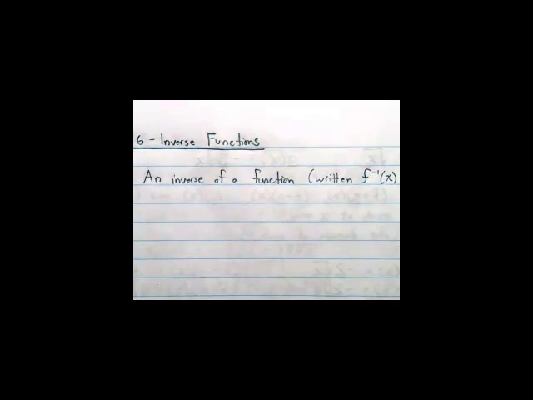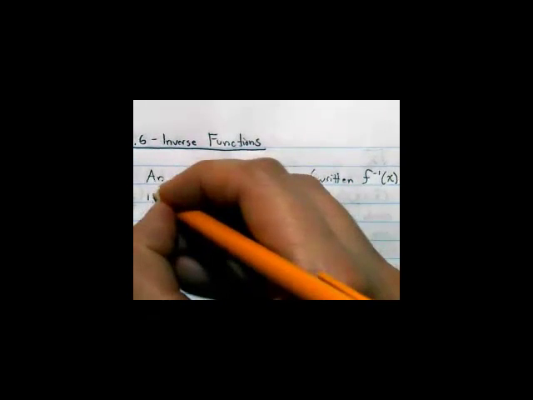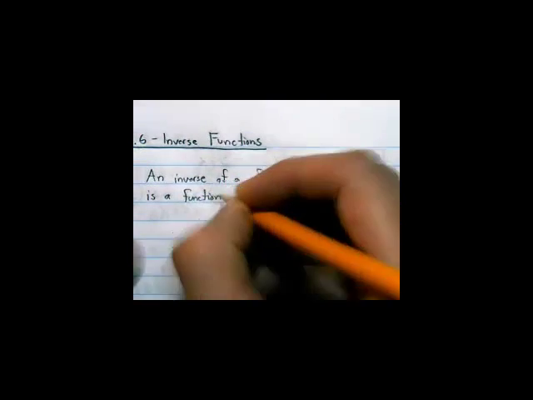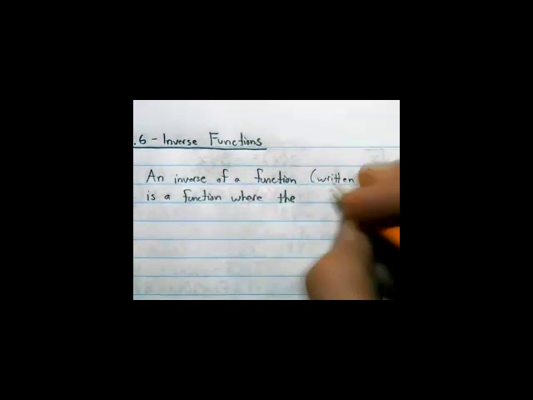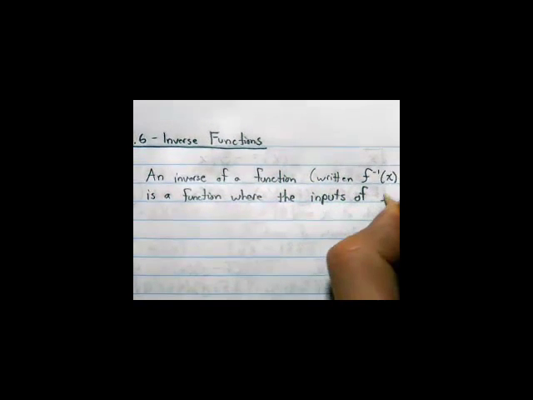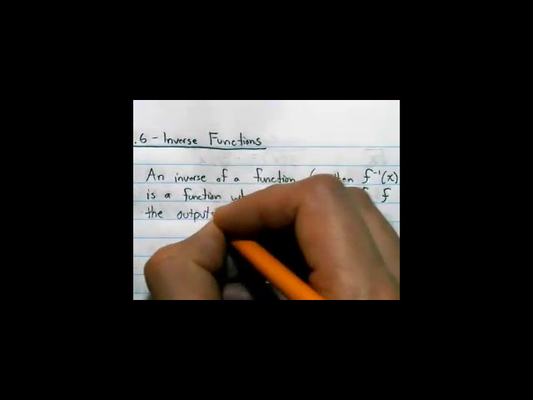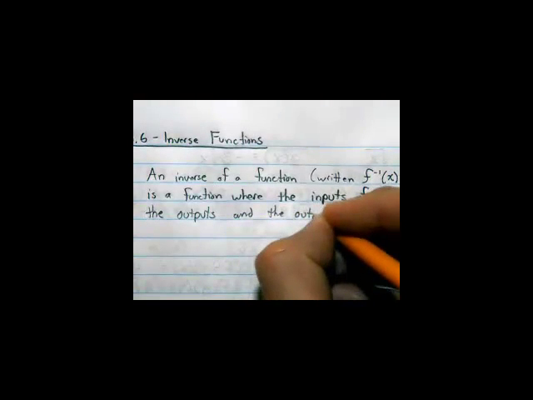So f inverse of x is how you would write that. It is a function where the inputs of f become the outputs, and the outputs of f become the inputs.